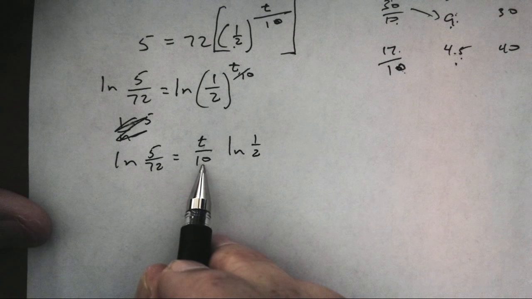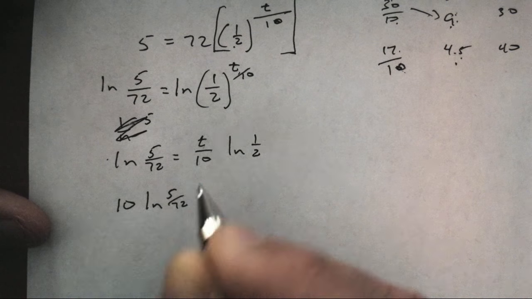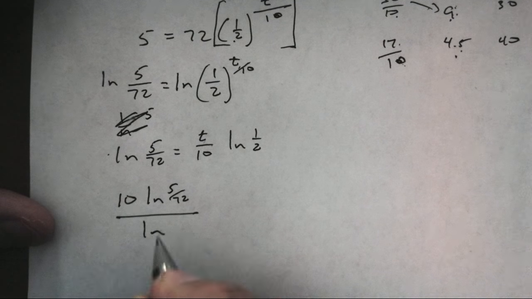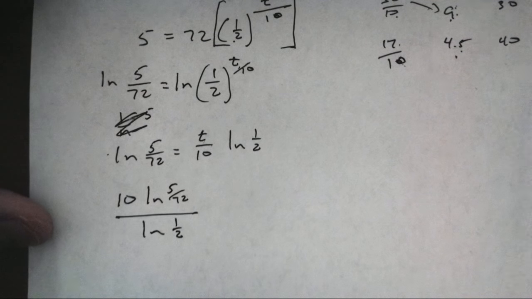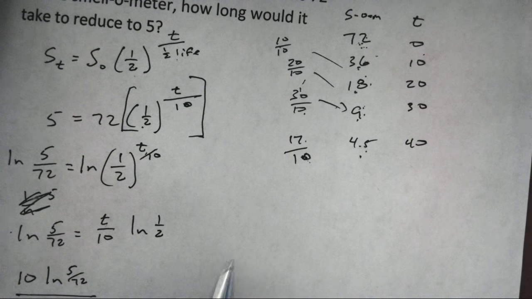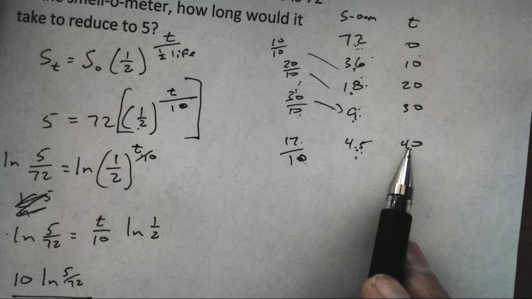To get t alone, I need to multiply 10 ln 5 on 72, and I need to divide away the ln 1/2. Now I'm hoping that our answer, remember where we were here, we think our answer is going to be pretty close to 40 minutes. In fact, maybe just a little bit less than 40.